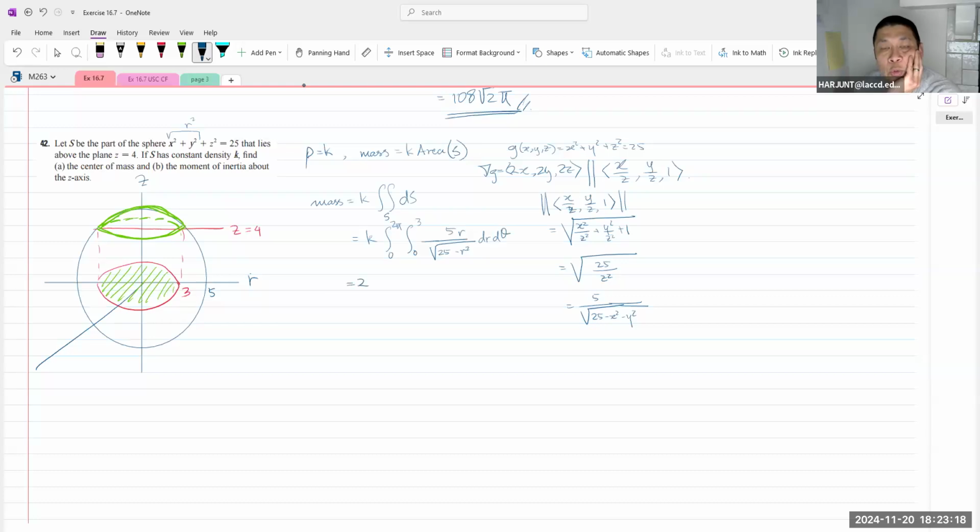So that will be 2k pi, the k and the 2 pi, right? And then if I do u substitution, we do this too often such that I'd rather memorize that in future.